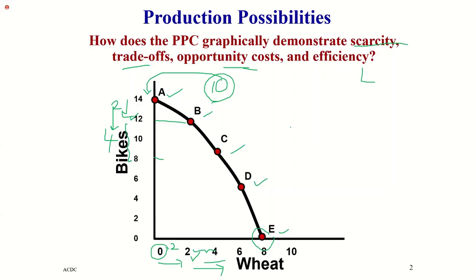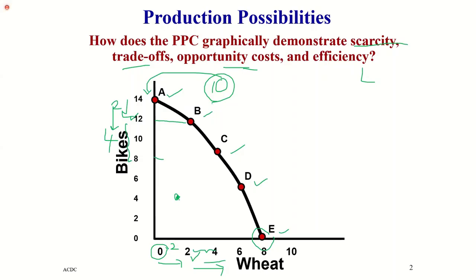So then, if I ask you, can you produce here, below this point? Now, A, B, C, D to E are the most efficient points of production.